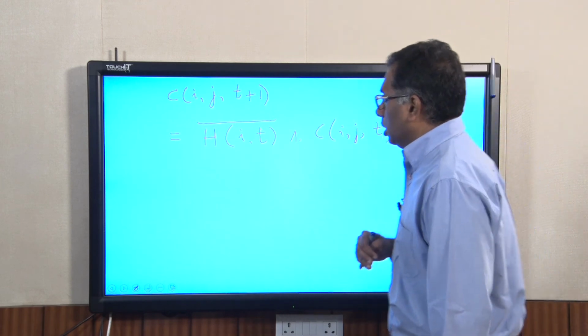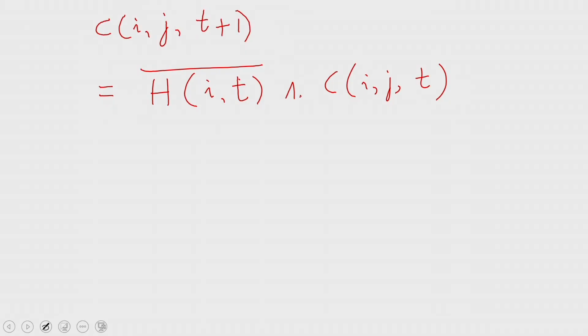So, this is one possibility. This is one way how cell I could contain symbol Aj in the t plus first step. Another way is for the machine to actually change the cell to get Aj in cell I in step t plus 1.